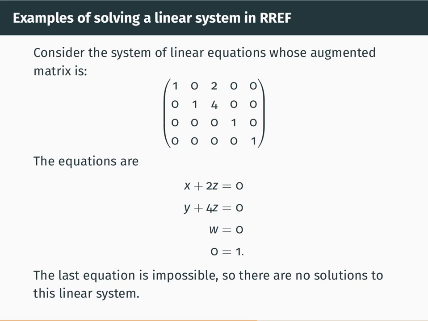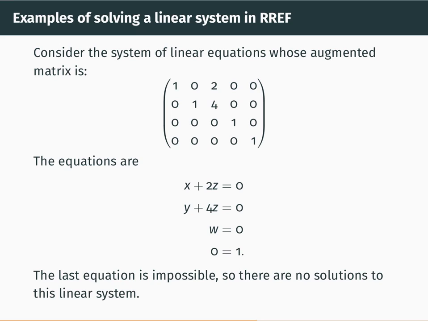Let's now look at how we might solve a linear system whose augmented matrix is in row-reduced echelon form. This is an example of an augmented matrix in row-reduced echelon form. We're going to translate that back into a system of equations.